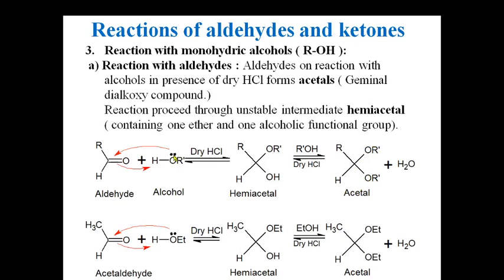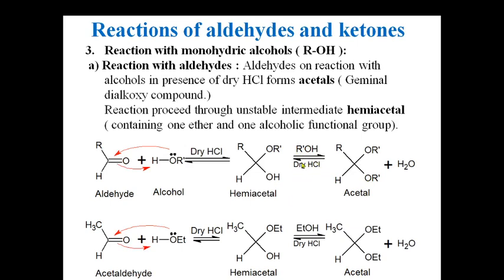So simple nucleophilic attack of the lone pair of oxygen will take place on the carbonyl, and this oxygen will pick up this proton. You will get this species. Then this hemiacetal will be converted to acetal by reacting with the next mole of alcohol.